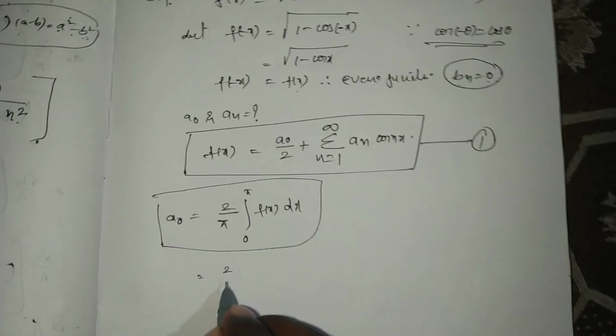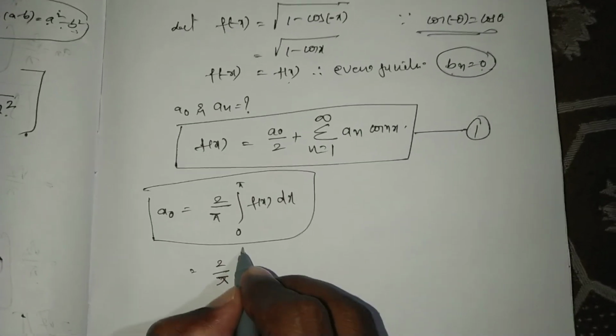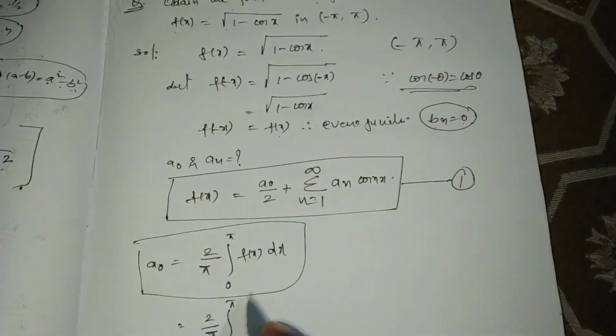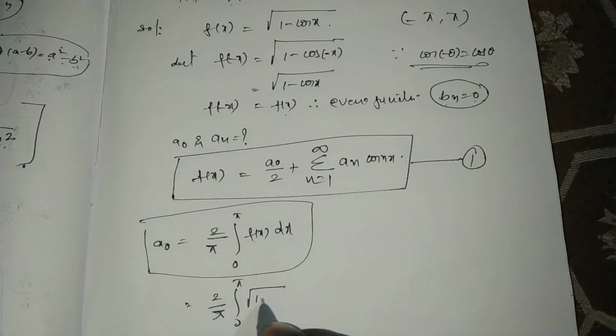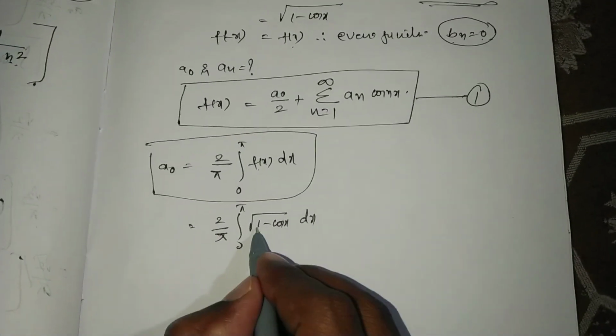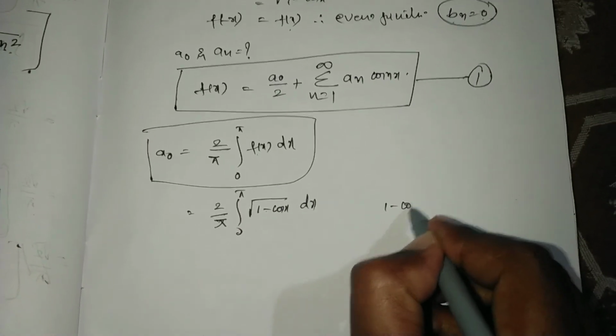So that is equal to 2 by pi integral 0 to pi f of x, where f of x is the given function, under root 1 minus cos x dx. Here observe 1 minus cos x in the integrand.